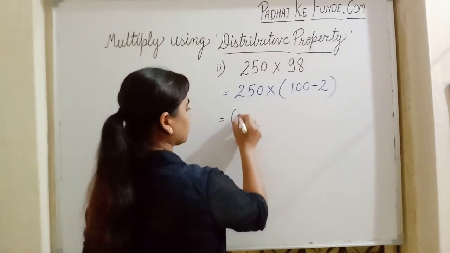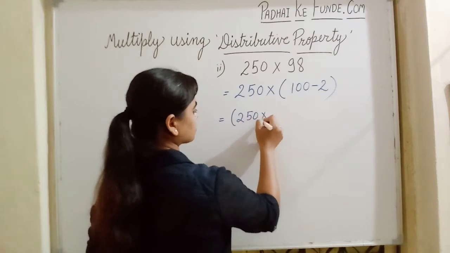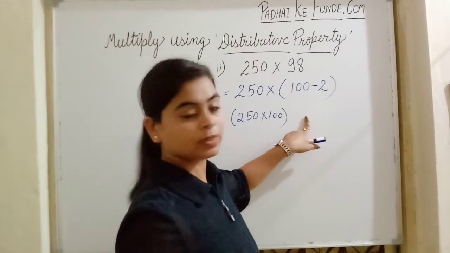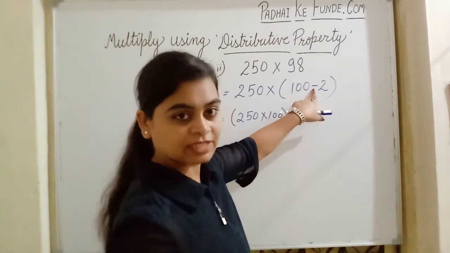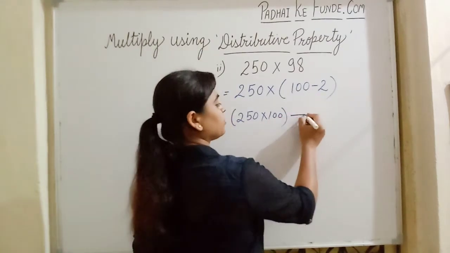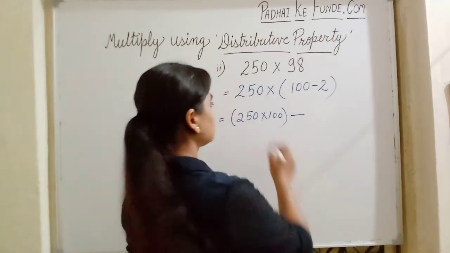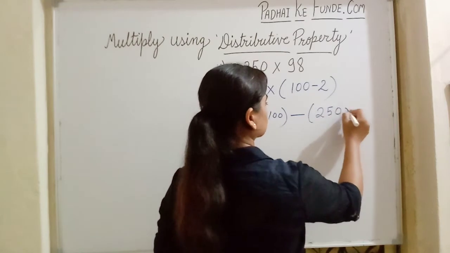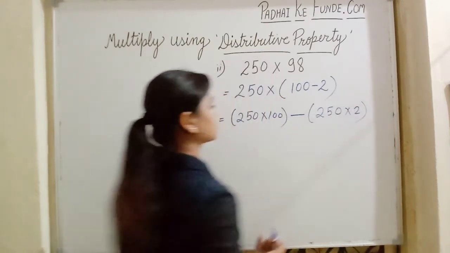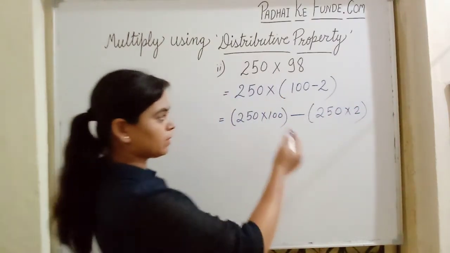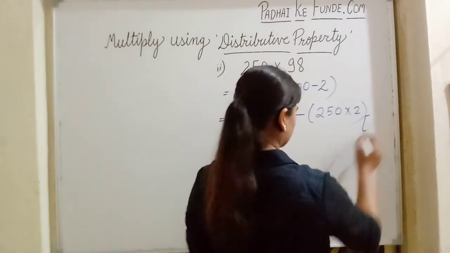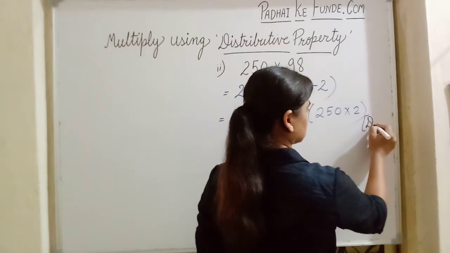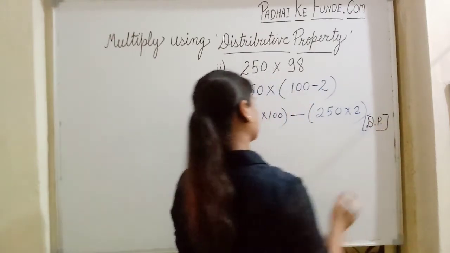So I'll start doing this. 250 into 100. And as I told you, the sign between the terms will depend on the sign inside the bracket. As we have minus here, we will have the sign of subtraction. Then this 250 will be multiplied by 2. And again we will mention the property used here, that is distributive property.